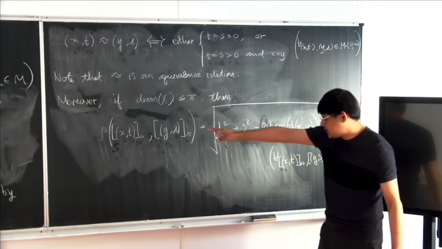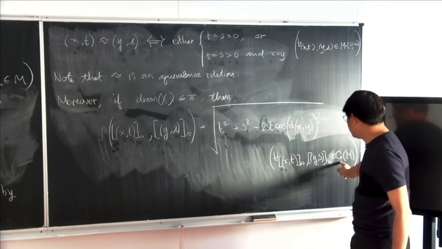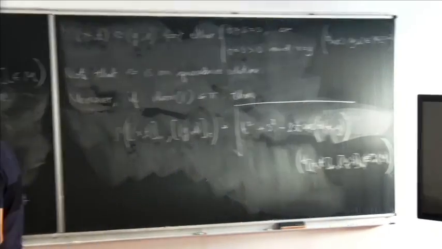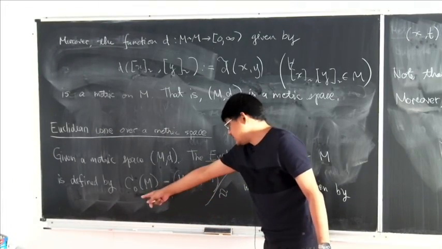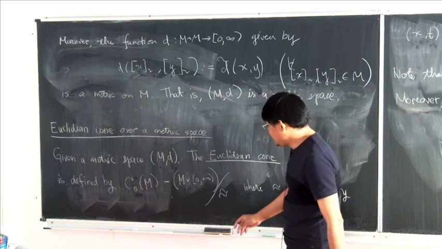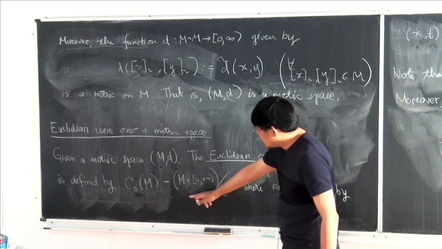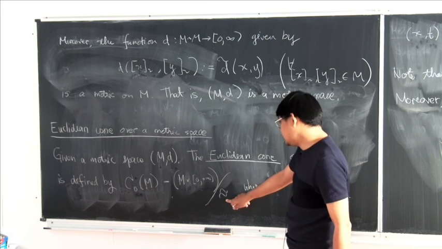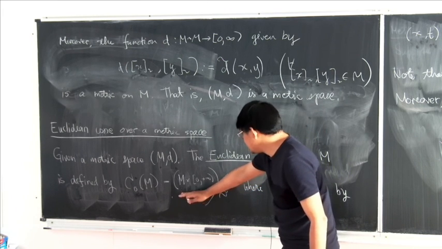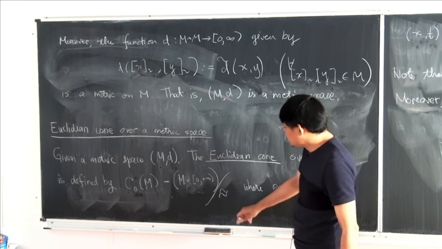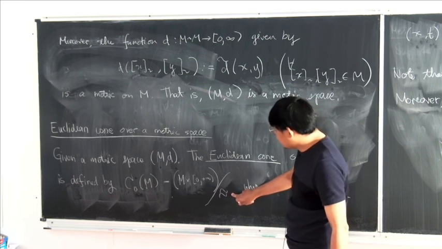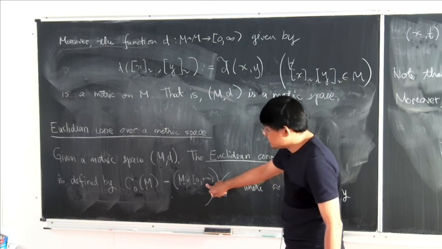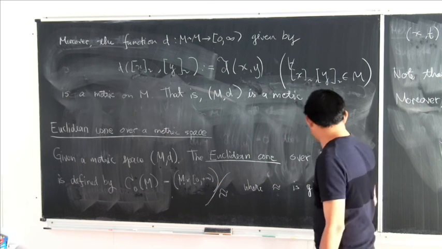Of course, these equivalence classes come from C0 of M, because if you come back to this board, C0 of M is the quotient space of this product modulo this double tilde. Elements inside are equivalence classes of (x, t) with x from M and t from this interval.